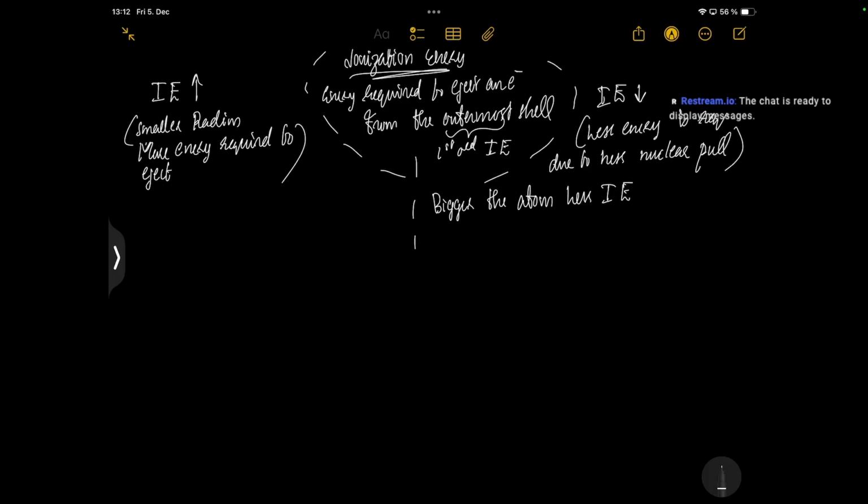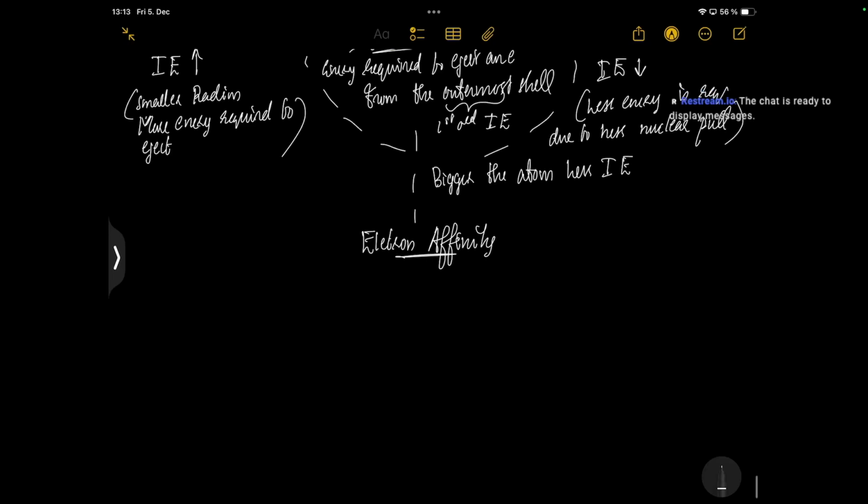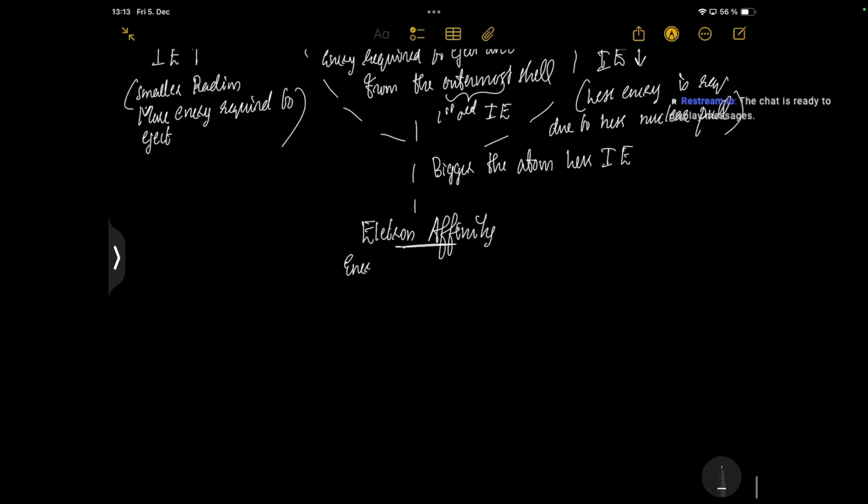Now the next concept would be electron affinity. That's the energy required to add an electron into the atom.